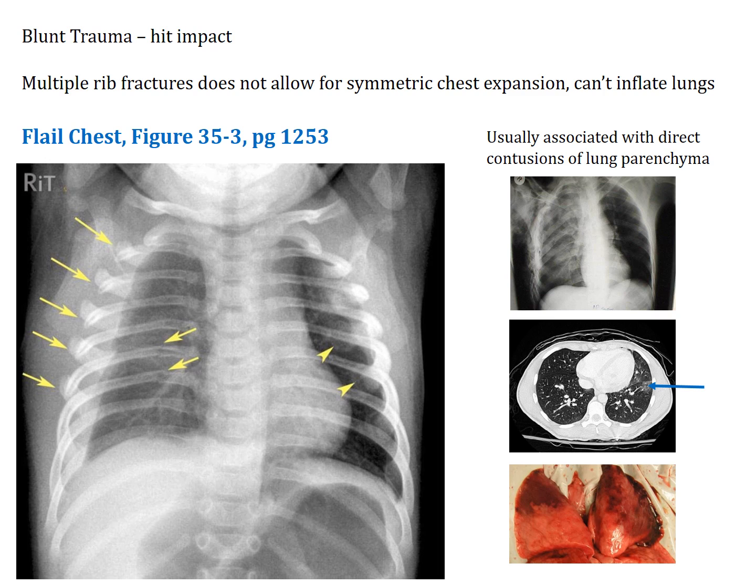And you can see, just taking a look at those lungs, you can get a good idea why flail chest and significant blunt trauma to the chest can lead to some pretty significant disturbances in ventilation and diffusion.